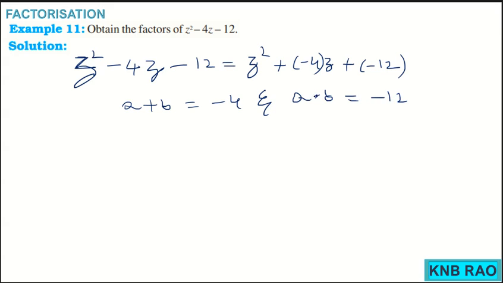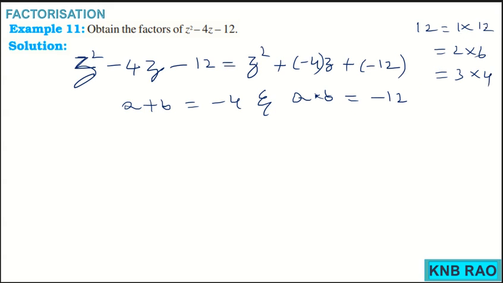12. Okay, so the same possibilities, we will get 12 from 1 into 12, or 2 into 6, or 3 into 4. Now I have to see which two numbers suit well.